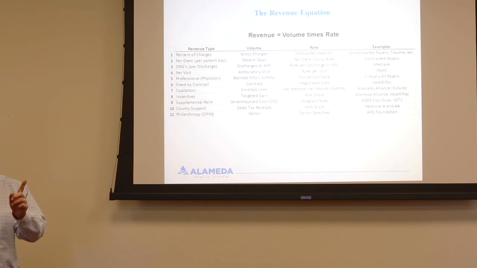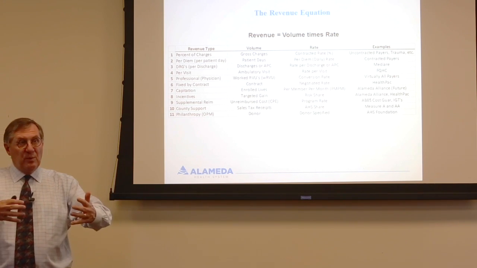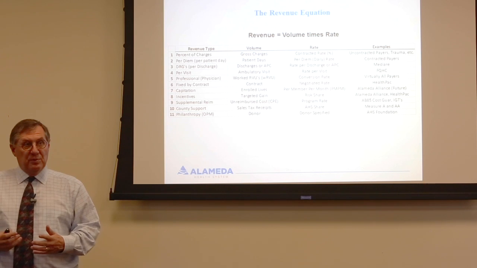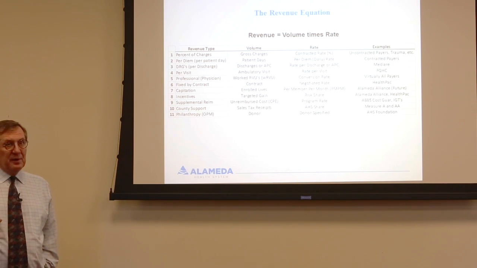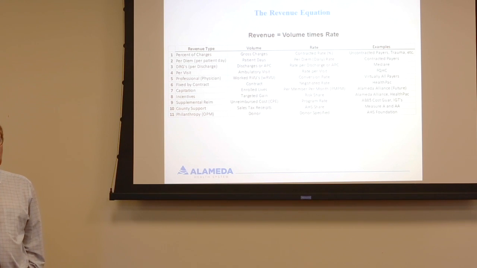Okay, that's one person. If the person brings their family with them, you get to count those people too. Okay? All right? And then what happens is the contract says, okay, we're going to pay you the number of people who've signed up for insurance times this rate that's called PMPM, per member per month.